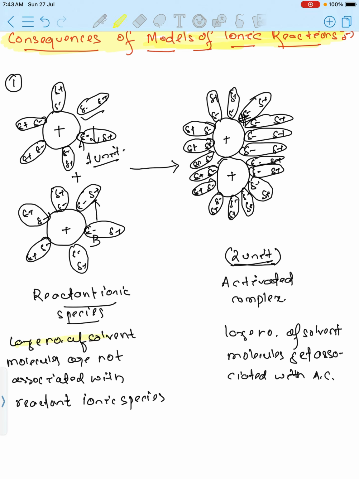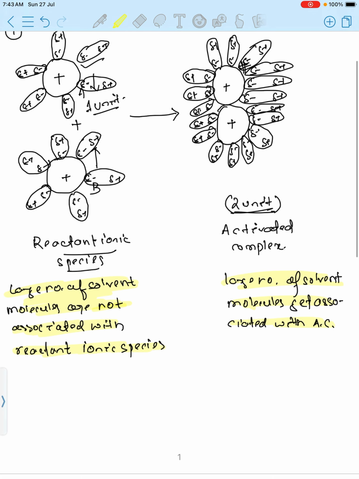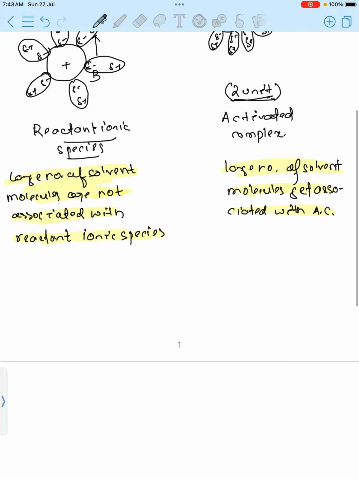As a result of which, what will happen? The simple result is that a very large number of solvent molecules should be there which are moving very freely. Solvent molecules are free.